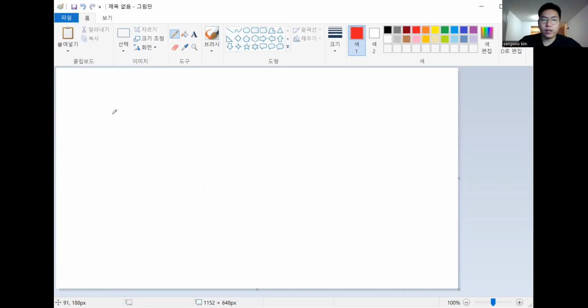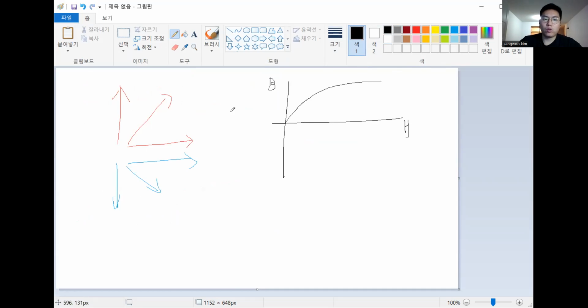As I said, here are two magnetic dipoles.